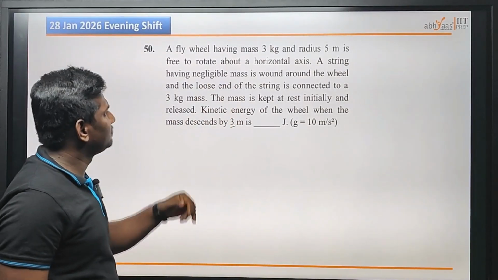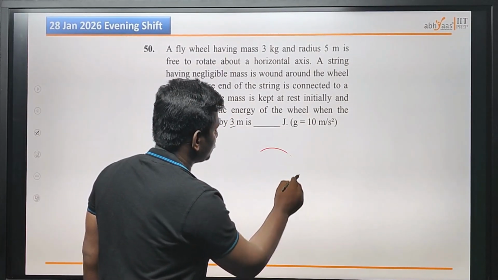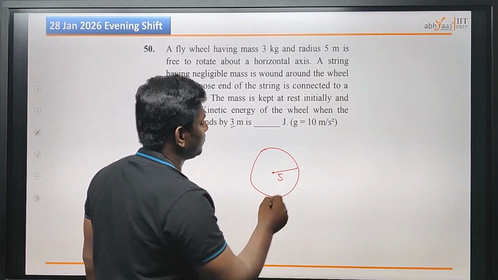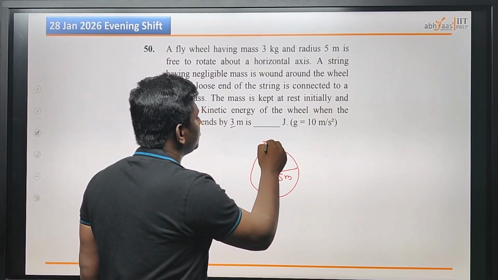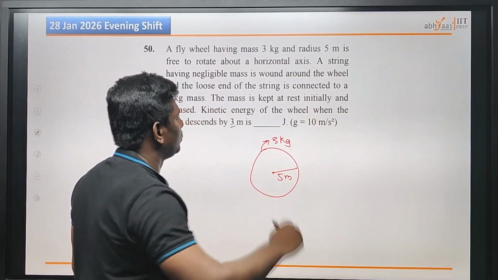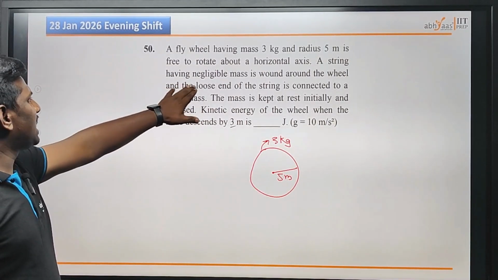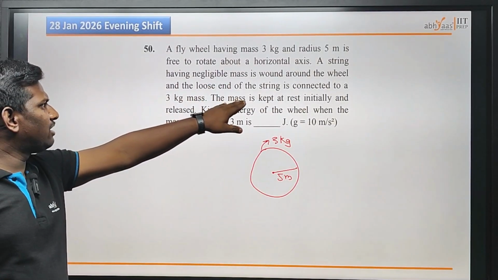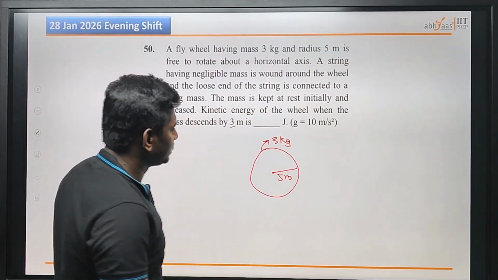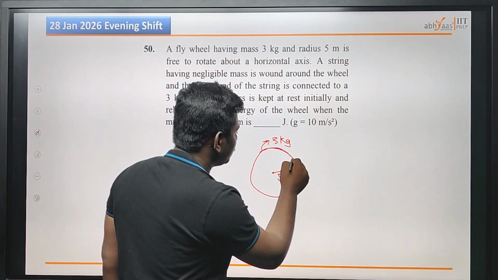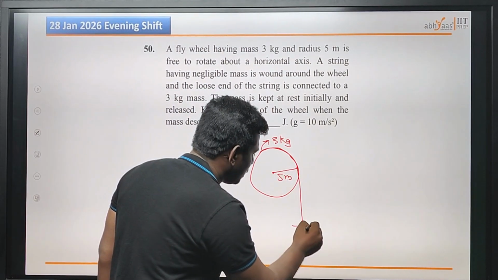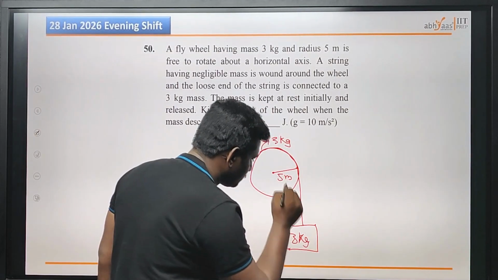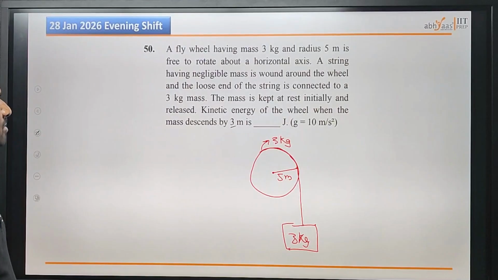A string of negligible mass is wound around the wheel and the loose end of the string is connected to a 3 kg mass.